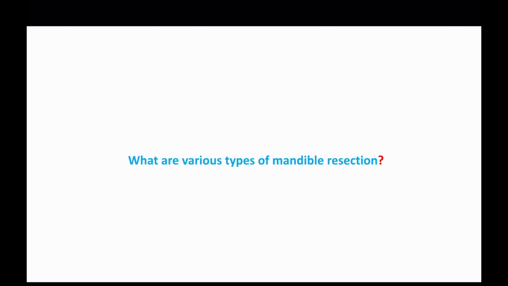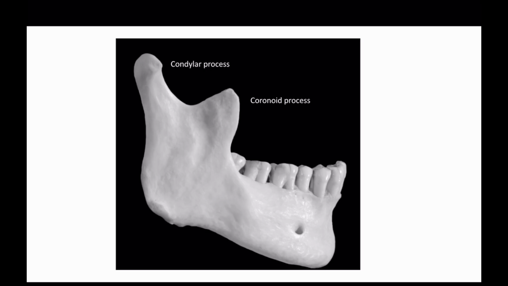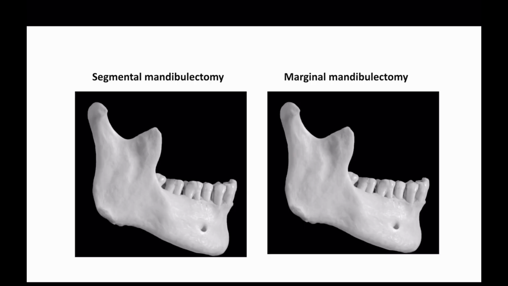What are the various types of mandible resection? There are mainly 4 types of mandibulectomy: segmental mandibulectomy, marginal mandibulectomy, hemimandibulectomy, and reverse marginal mandibulectomy. Segmental mandibulectomy is removal of a part of the mandible but sparing at least the condylar process. Marginal is preservation of continuity of the mandible by removing only part of the mandible border.